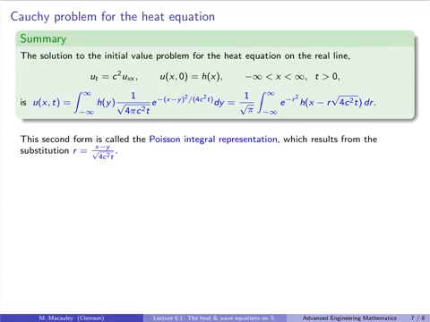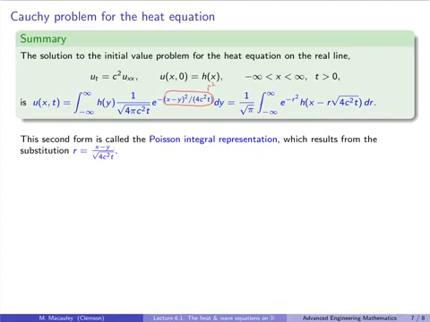If you look at the original solution, the exponent is pretty nasty. So let's call this thing r squared. If you remember when we were deriving this a few slides ago, at one point this was negative r squared. So we can do that by saying r is equal to (x − y) divided by root 4c²t.